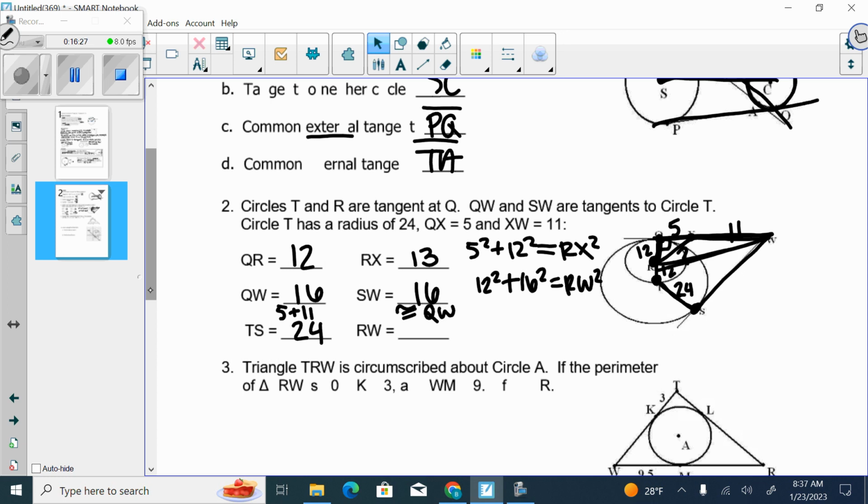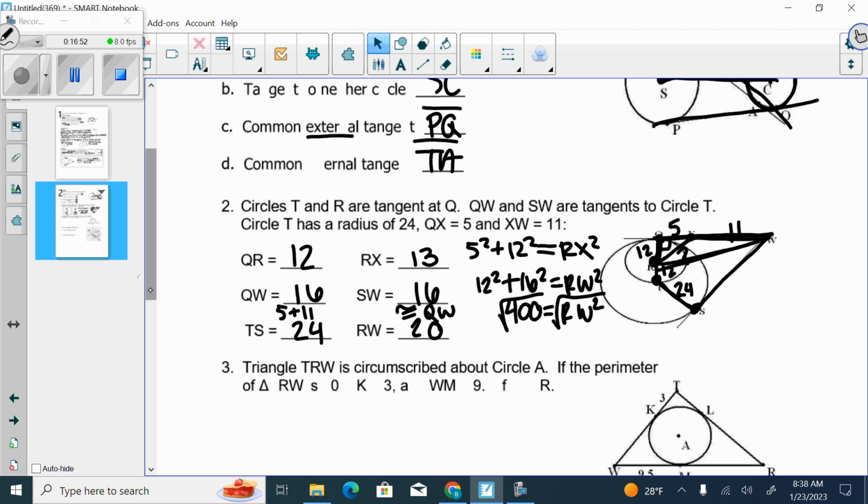So we actually could simplify these, and this is still one of our triples, or you can go ahead and solve it. So 12 squared plus 16 squared is going to give us, right? So 400 equals RW squared. We take the square root, so RW must have a length of 20.